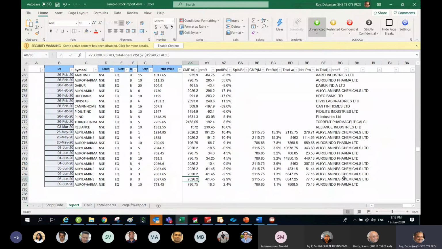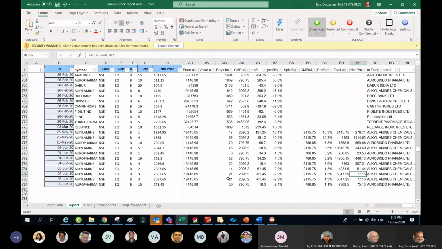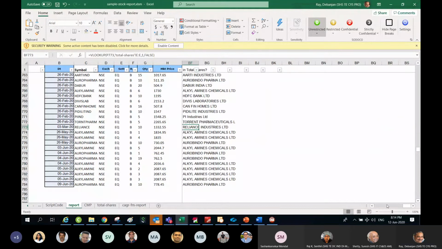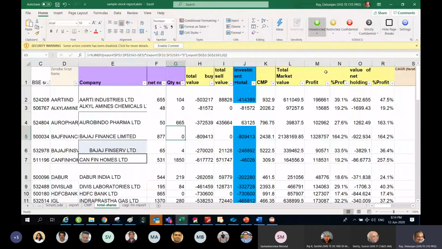For each and every stock I have put how much is the net quantity bought, what is the total buy value, what is the total sale value, what is the investment total, and what is the current market price.